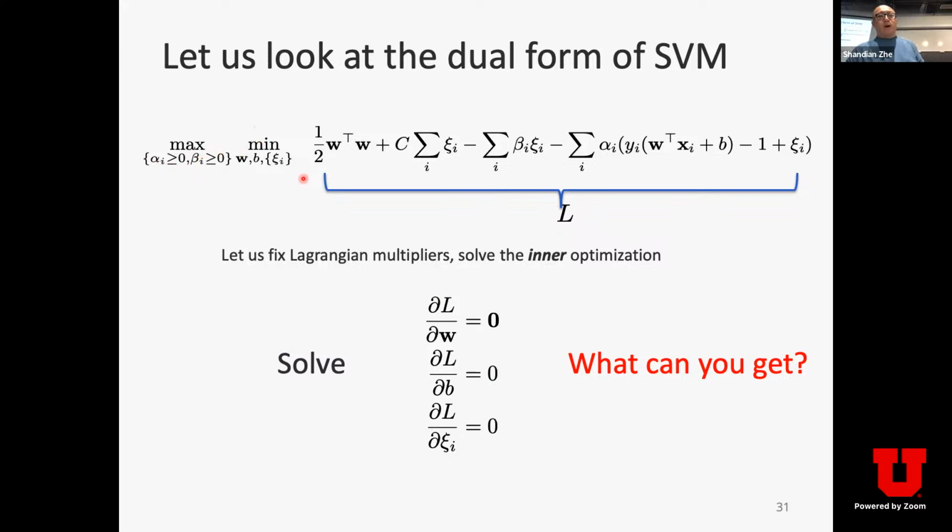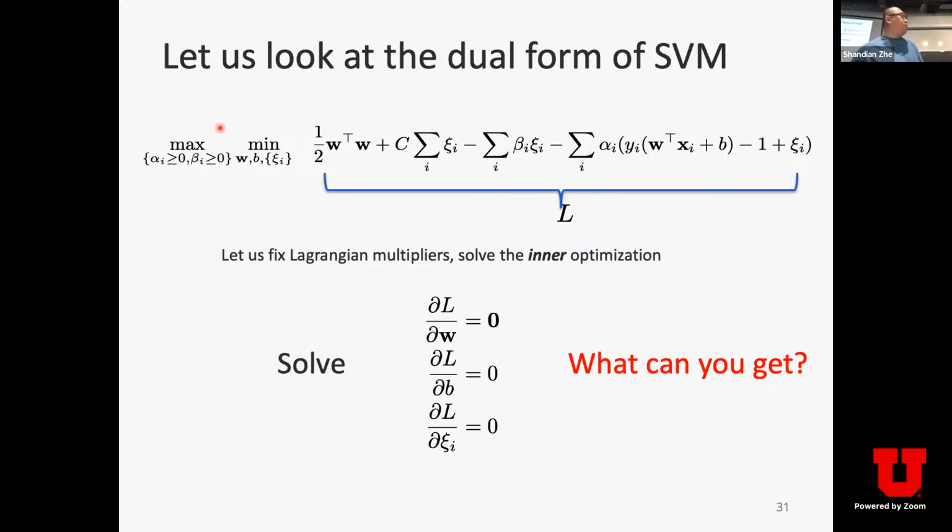Can we directly solve the inner minimization problem? And I just substitute the optimal L with respect to w, b, and xi_i's into the outer part. So I know the solution for the inner minimization problem, then the remaining step is just to do the outer maximization. Right? That's the idea. It's very, very straightforward, right?